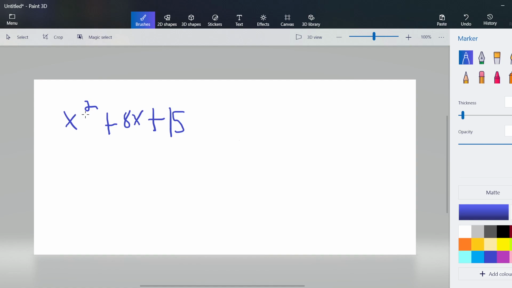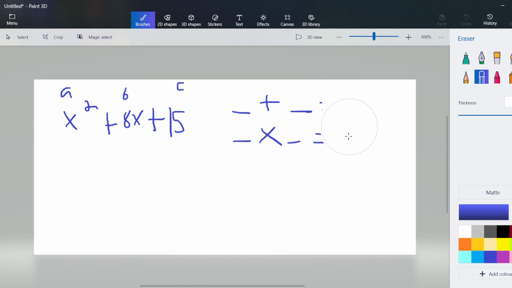So for this, it's very simple what we do when we have a normal trinomial. What we do is, this is our A term, this is our B, and this is our C. So what we want to do is find two numbers that when added together equal B, and when multiplied equal C. In this case, B would be 8, and in this case C would be 15.